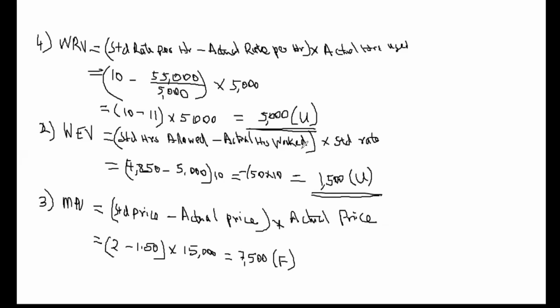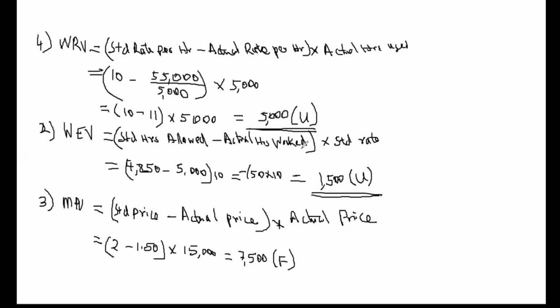Okay. Any question? Any clarification? So you need to practice a lot on this. These have been wages or labor and materials, but you can also practice with the sales and overheads. Those are the items: wages, material, overheads, and then the sales.